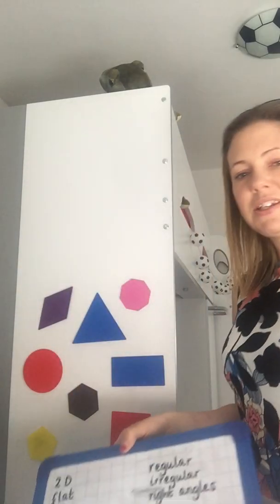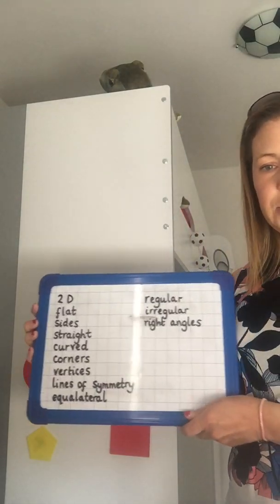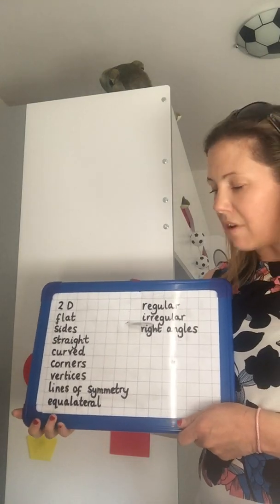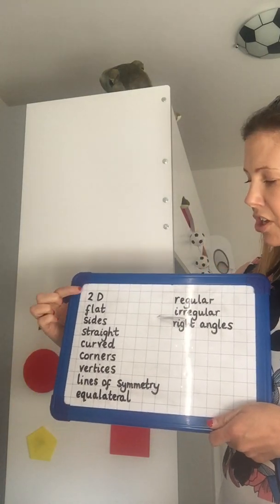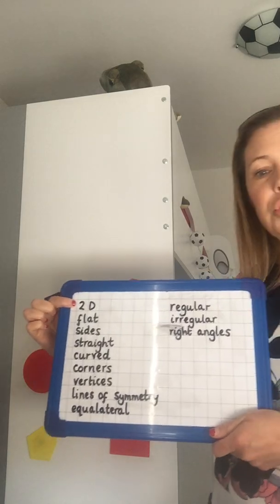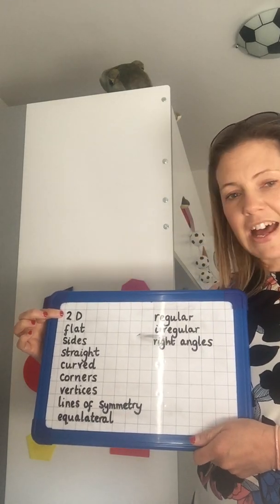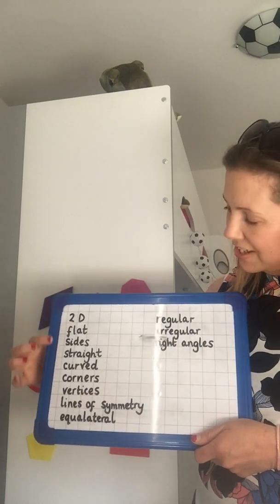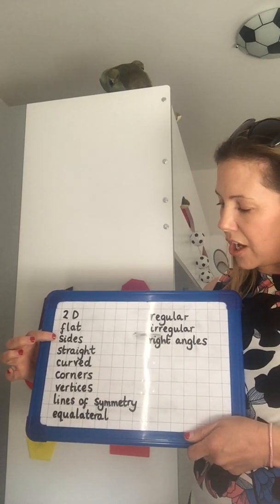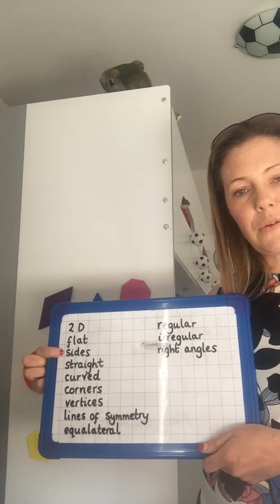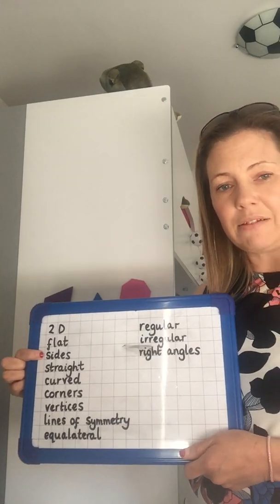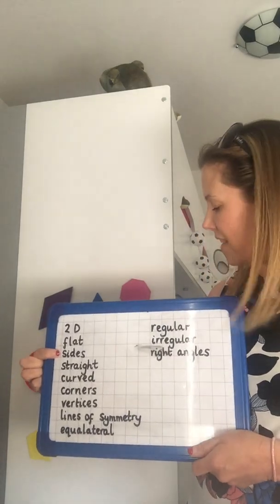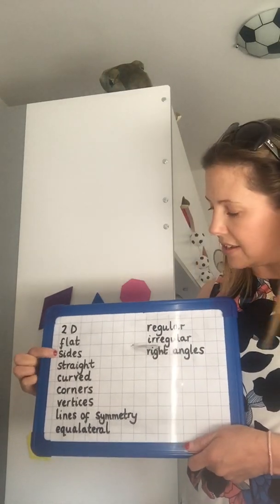I've also written down all of the words that we have used to describe all of these shapes. So we've already talked about the fact that these shapes are 2D shapes because they're flat, okay, and we've used the word flat just now. One of the ways that we prove the name of the shape is by counting how many sides it's got. All of these different shapes have got sides.